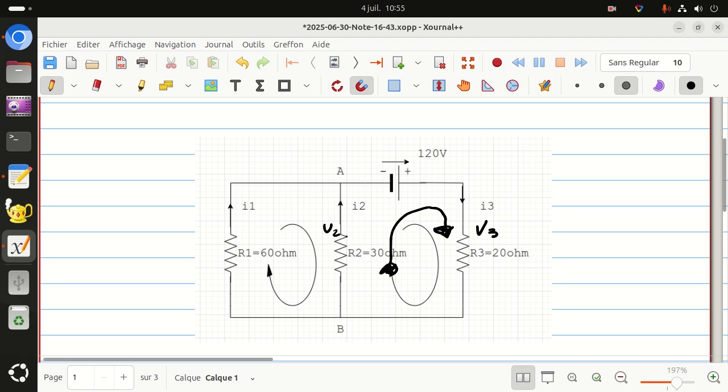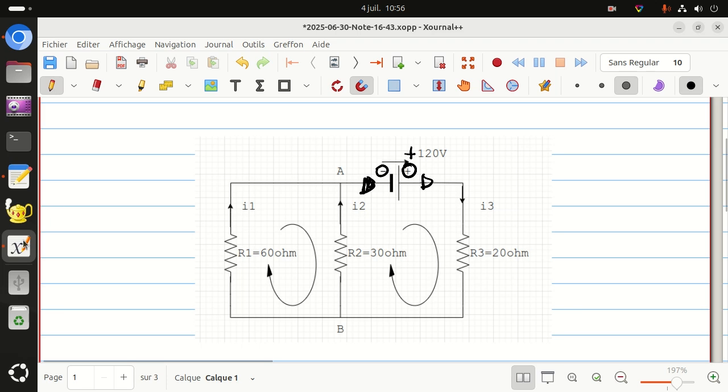This is for the resistor. For the generator, when the current gets in by the minus sign and gets out by the plus sign, this voltage is a drop.